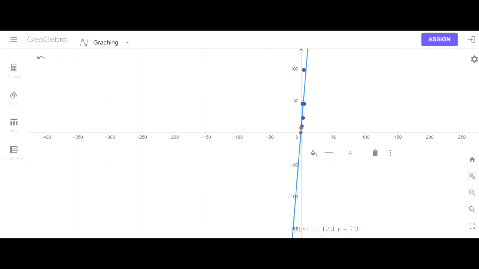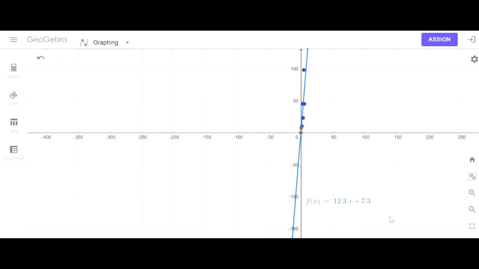And look, here's my formula right here. I can move it so we can see it better. This gives us our formula written in the y equals mx plus b standard form that we want to see. So this did all of the work for me. All I had to do was enter the information into the table, follow those steps, and it gave me my formula.